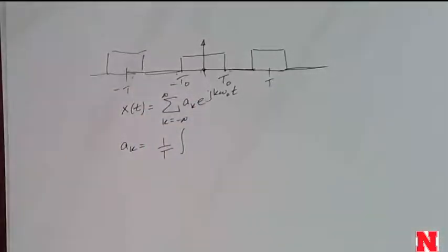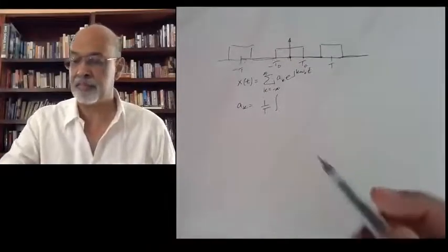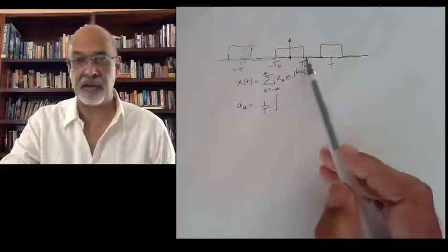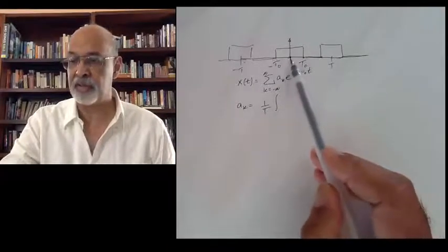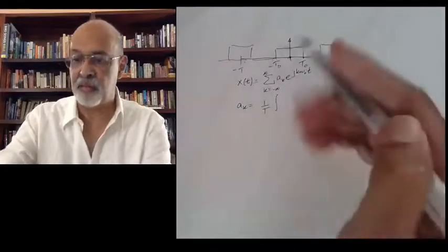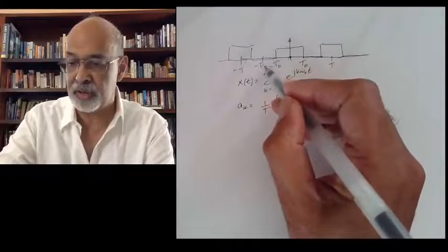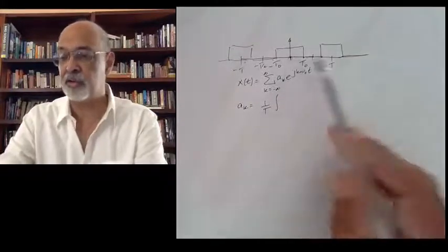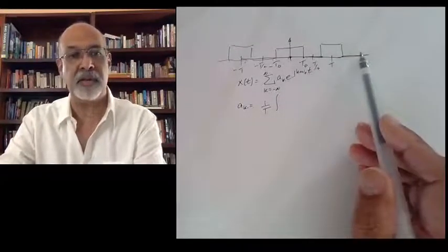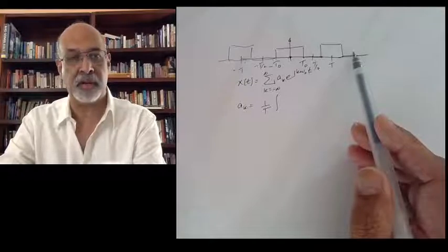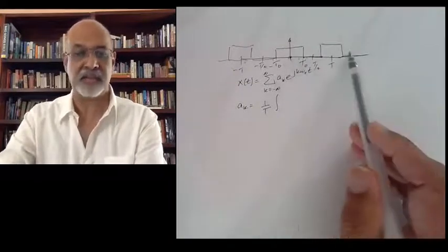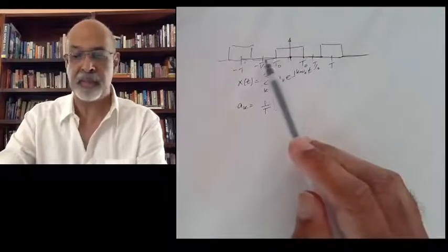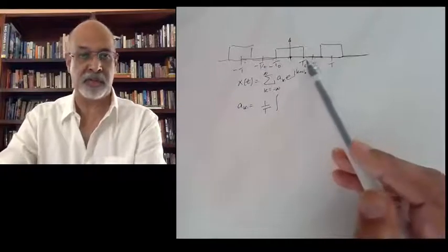Okay. Now, the question is, which period should I pick? Should I pick from here to here, or should I pick from here to here? You know, I can go from minus T over 2 to T over 2, or I can go from 0 to T, or I can pick whatever interval I want. Okay, it doesn't matter. I'll get the same answer. So you pick the interval that makes it the most convenient for you.